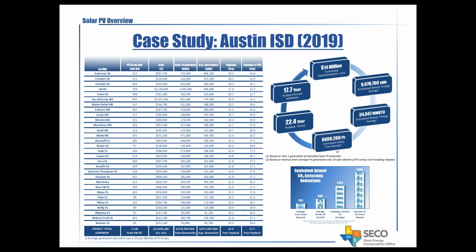It's estimated to save somewhere around $600,000 per year in electric utility cost savings, at an average payback of 22.4 years without incentives. With the incentives or rebates, it came out to about 17.7 or 17.8 years. So overall, what we've seen is that the solar payback is coming down, especially if there are incentives that can be taken advantage of.